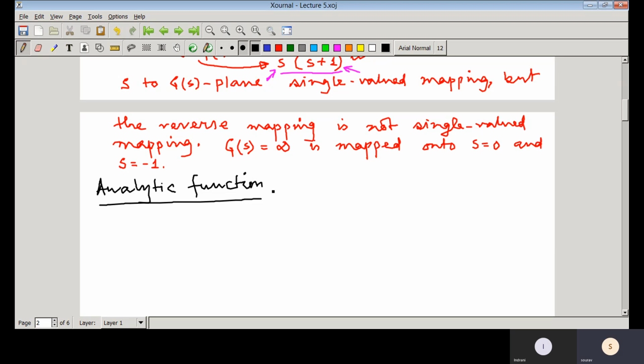So a function of complex variable gs is said to be analytic in a region of S plane if the function and all its derivatives exist in the region.